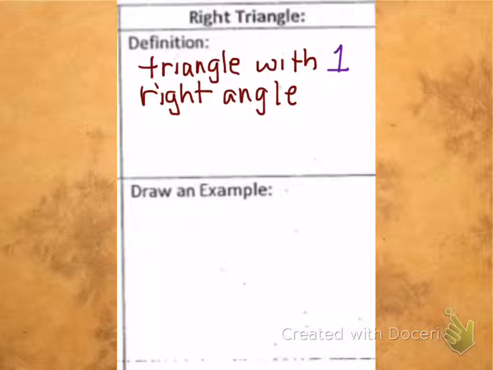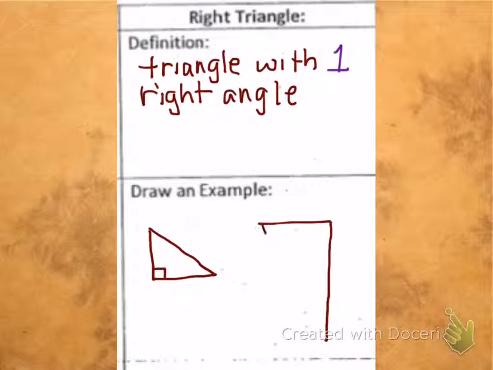If you start to draw another right angle in the shape, it would not be a triangle. So we have one right angle, and that would be a right triangle. Doesn't matter which way that angle is facing. Doesn't really matter how long the sides are. We just have that one right angle.